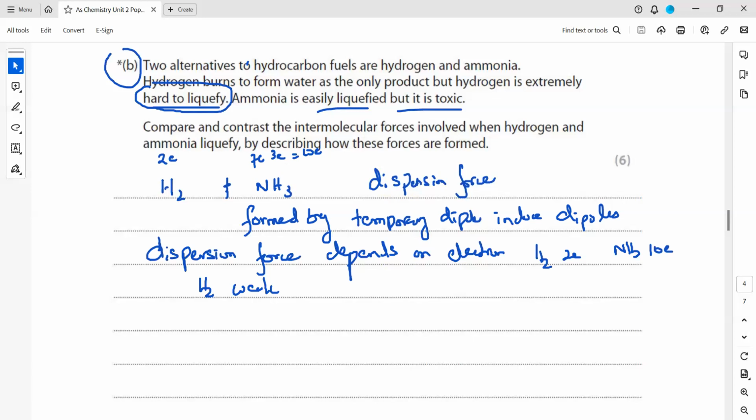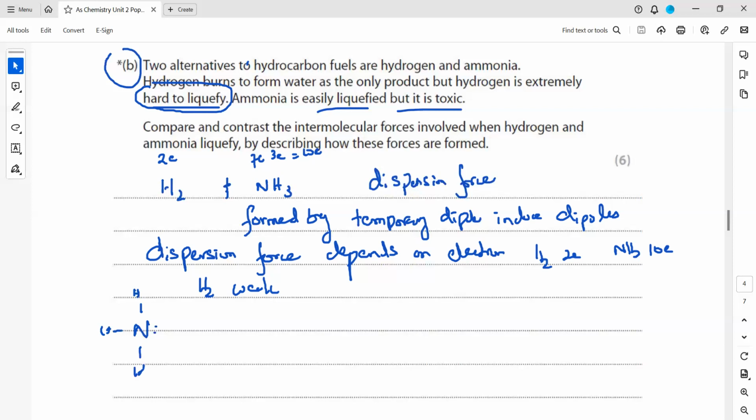Then the second is the bond which is available in ammonia and is not in hydrogen. When hydrogen is bonded with the most electronegative elements, such as nitrogen, oxygen, or fluorine, it will have hydrogen bonding. The hydrogen bond is actually the attraction between the lone pair and the adjacent hydrogen.